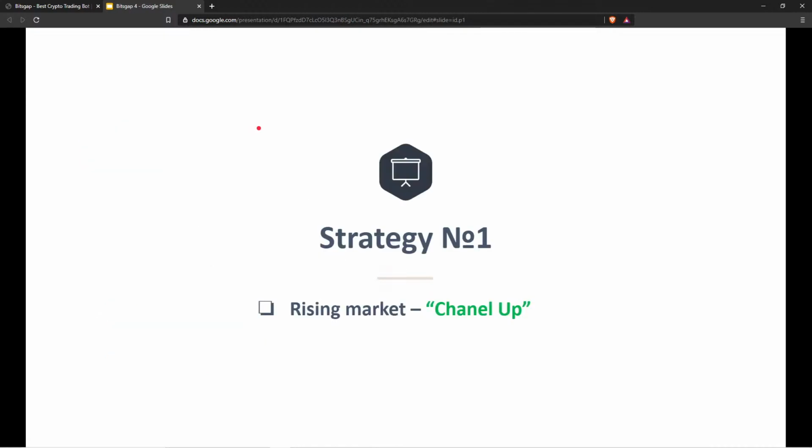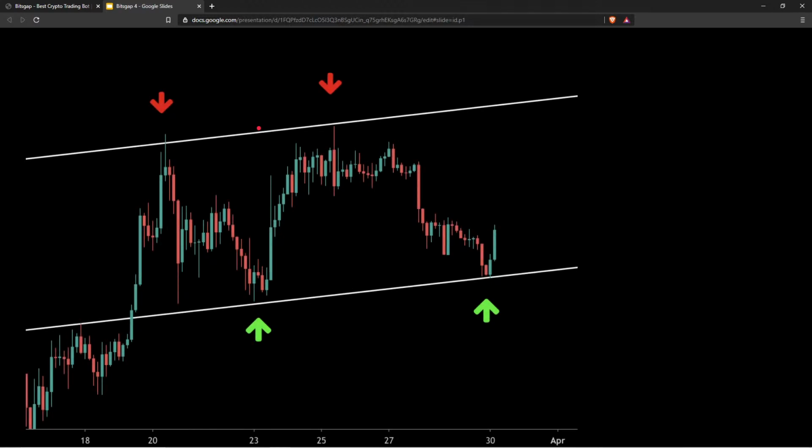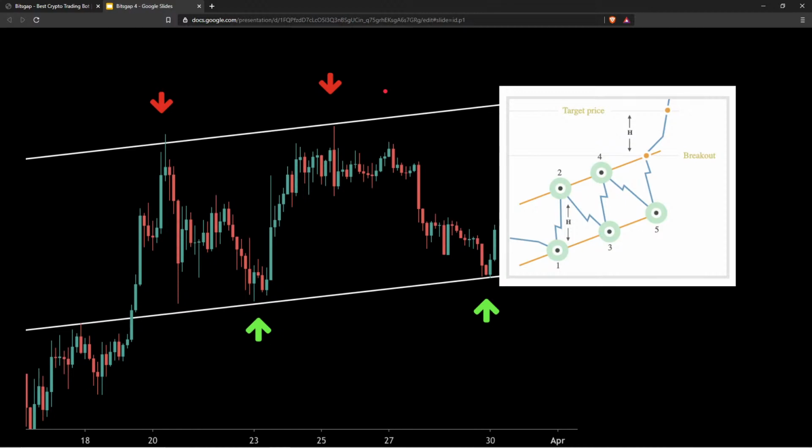So let's begin. The strategy number 1 is the channel up. The idea of this strategy is that you spot the market formation where you have the price reverting from the angled up resistance, and you see the price bouncing off the angled up support line. So this is known as a channel up pattern, and you see its exact explanation here.